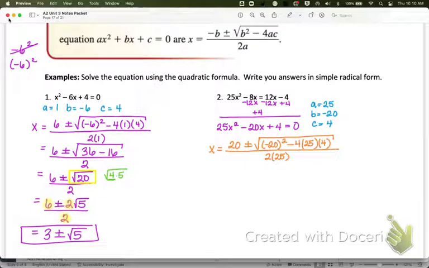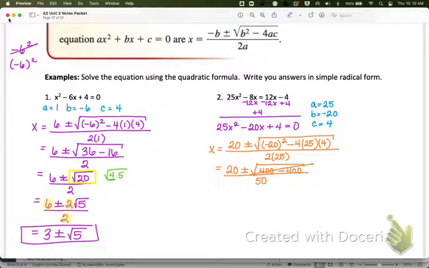Now we just crunch it down. So we have 20 plus or minus the square root of 400 minus 400 all over 50. And this one is interesting because 400 minus 400 is 0, which means the square root of 0 is 0.